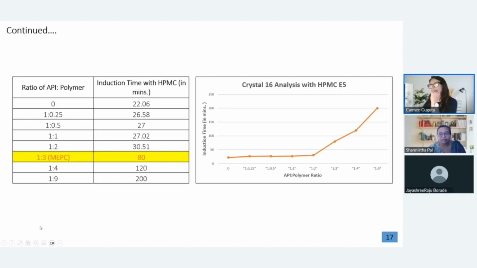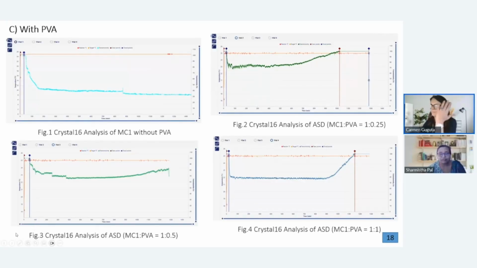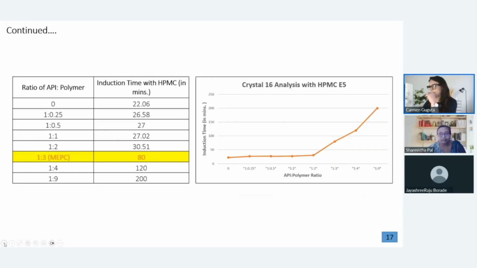With HPMC also, we observe a trend similar to the copovidone. Up to the 1:2 API to HPMC ratio, only a moderate increase in the induction time is observed.